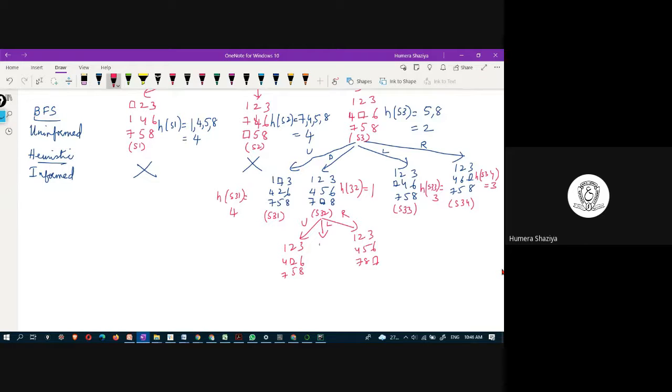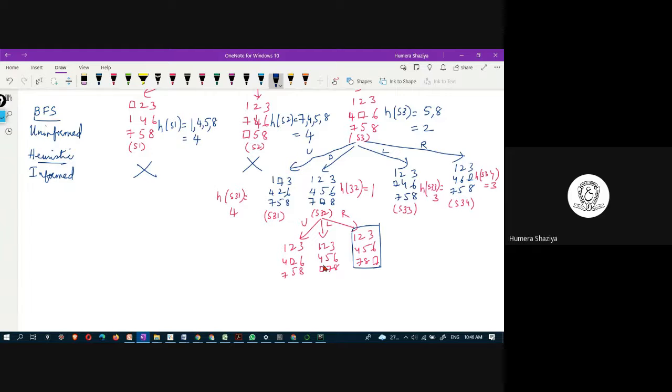Left is 1, 2, 3, 4, 5, 6, empty, 7, 8. After exploring, we have obtained the solution. Our goal node is reached, which is 1, 2, 3, 4, 5, 6, 7, 8, empty tile.